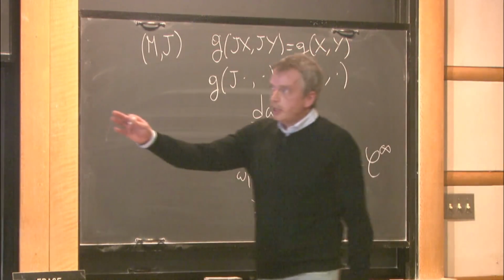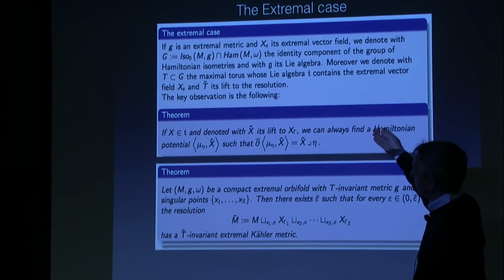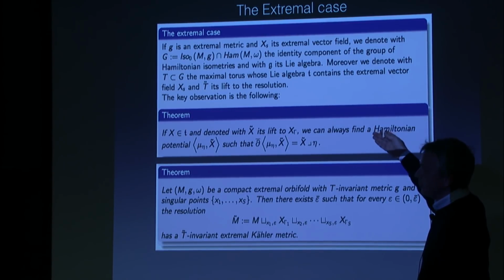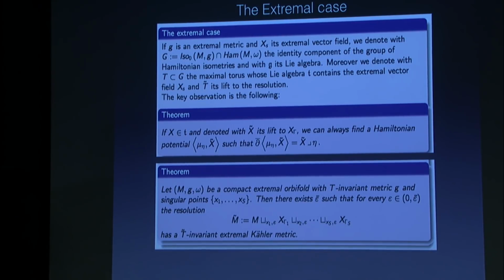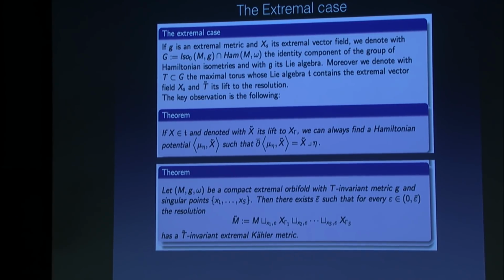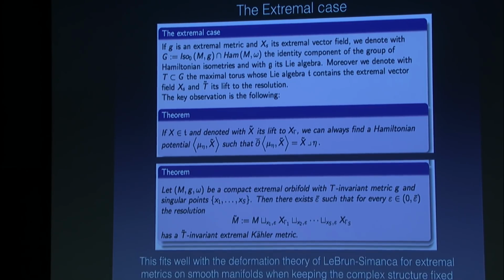Now, the trick here is to use Hamiltonian potentials of that, but you have to prove that the resolutions of singularities actually preserve the Hamiltonian properties. Okay, so once you solve this technical problem, also the extremal problem becomes a scalar problem, and you can work on that. Okay, so resolutions of singularities work well, and this is actually expected.